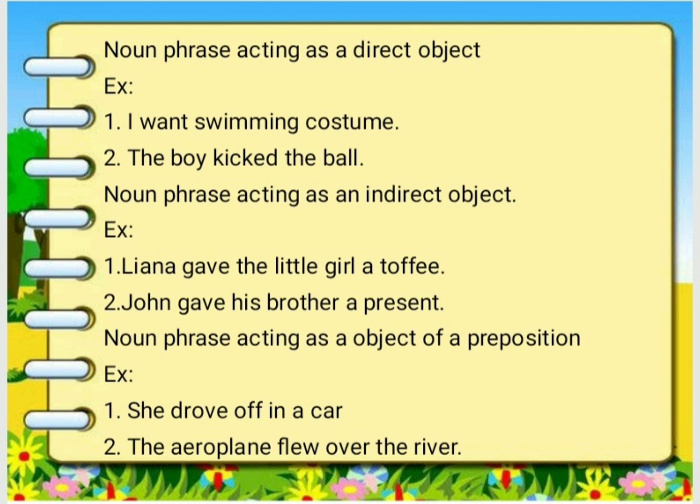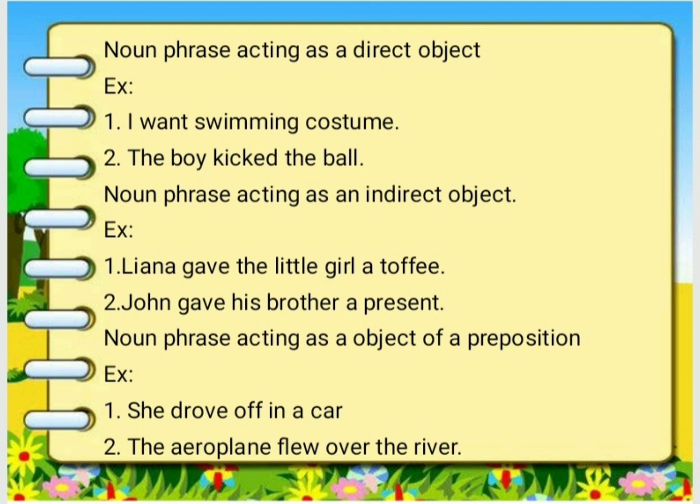The word swimming modifies the noun costume, and at the same time, it is acting as the direct object of that sentence. In number 2, the boy kicked the ball. The noun phrase in that sentence is the ball, and at the same time, the ball is acting as the direct object of that sentence.